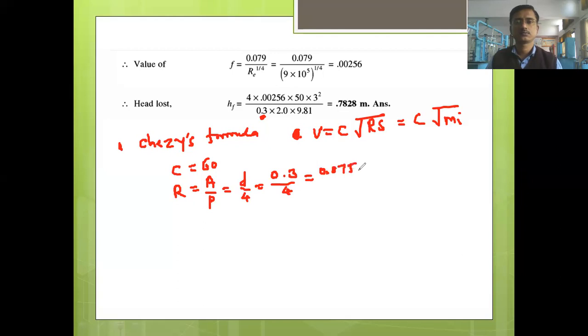R. The unit will be meter. It is hydraulic radius or hydraulic mean depth. Unit is a meter.